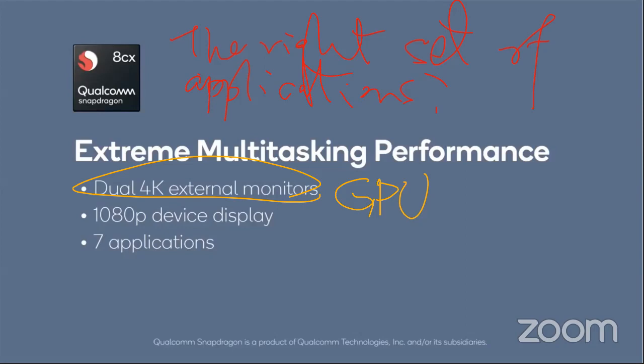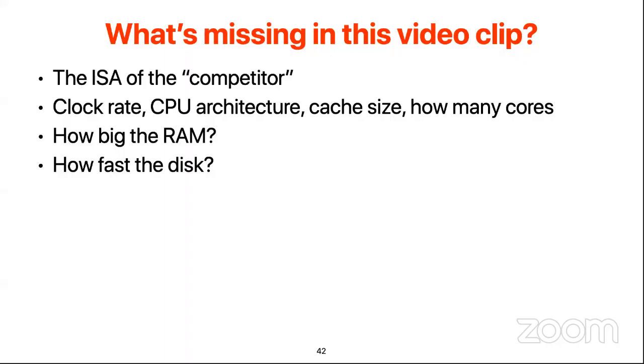Also, there's multitasking with 7 different applications. So maybe it's better at multi-core performance, but not good at single-core performance. Right. So there are so many things missing here. First of all, what's the competitor? And what's the clock rate of the processor?